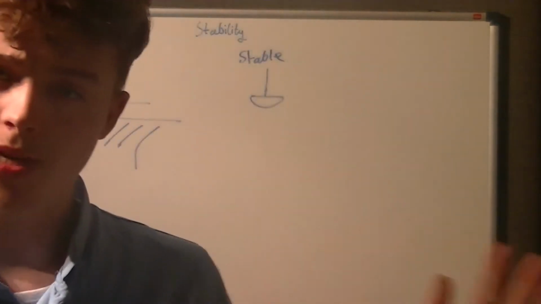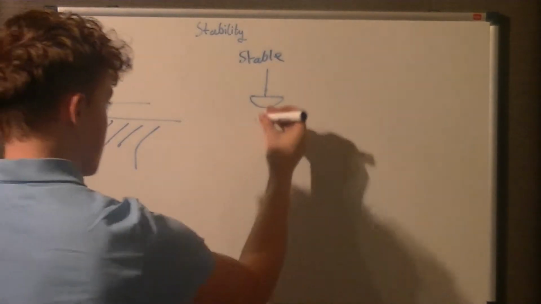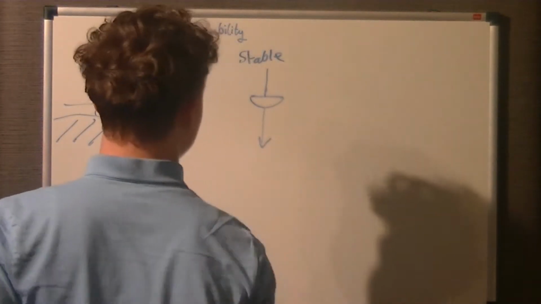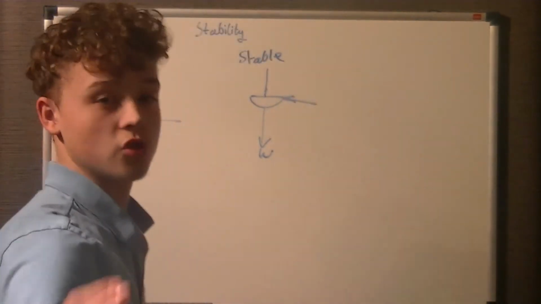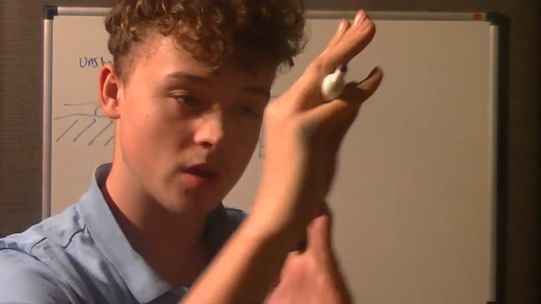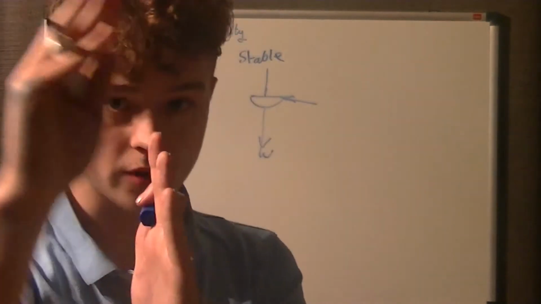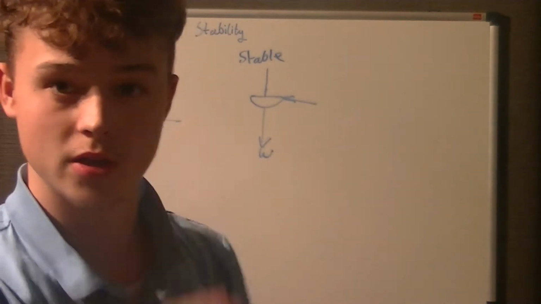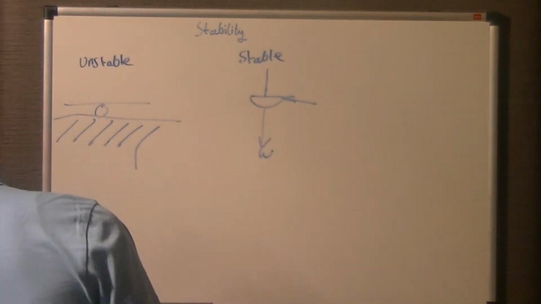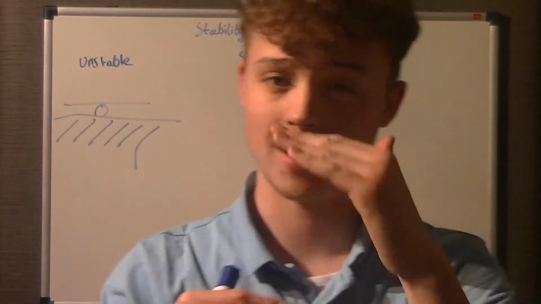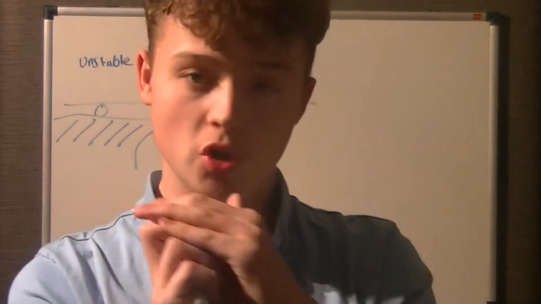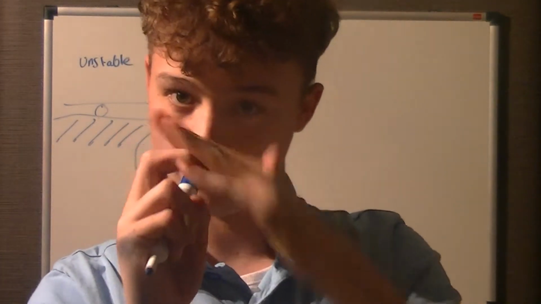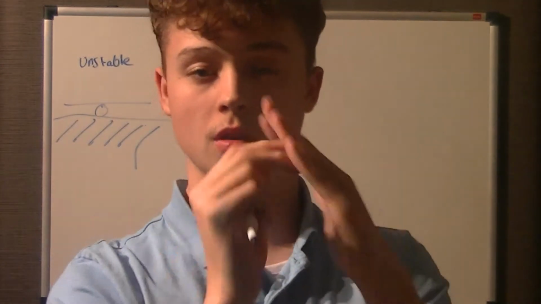Now if you push a basket, the weight is acting downwards vertically, and it's going to swing, but then the weight of the object pulling it downwards is slowly going to slow it down, and it will eventually stop. However, the rock on a plane is balanced very unstably, so if you push it, it's going to fall off.